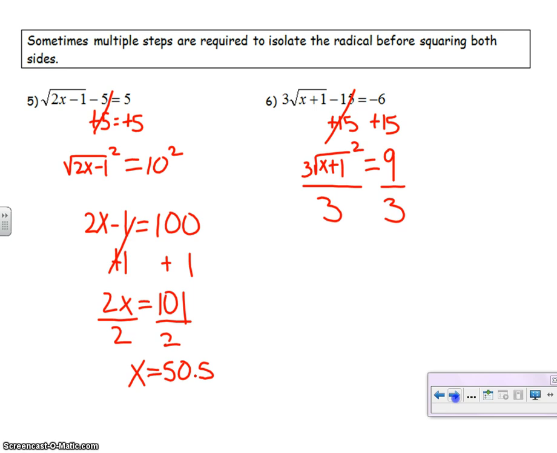And then we are left with the square root of x plus 1 equals 3. And then we'll square both sides. And then we'll have x plus 1 equals 9. Subtract 1, and we will get that x is equal to 8.